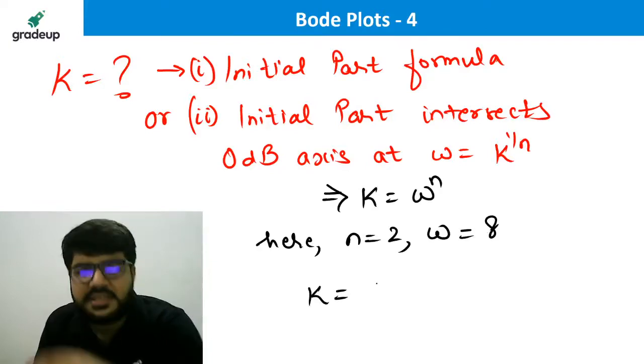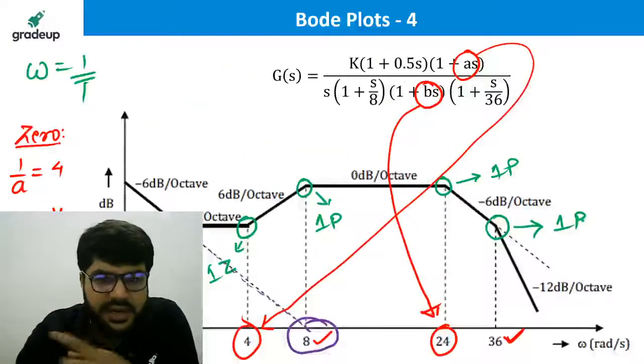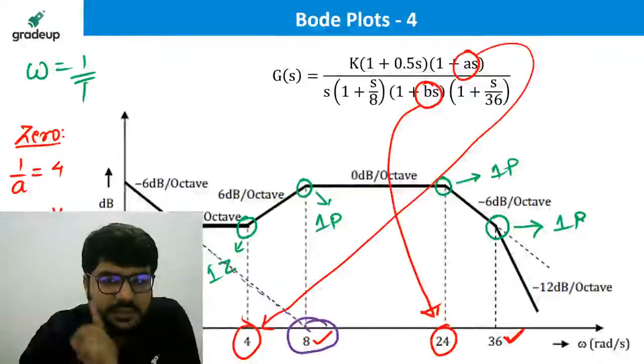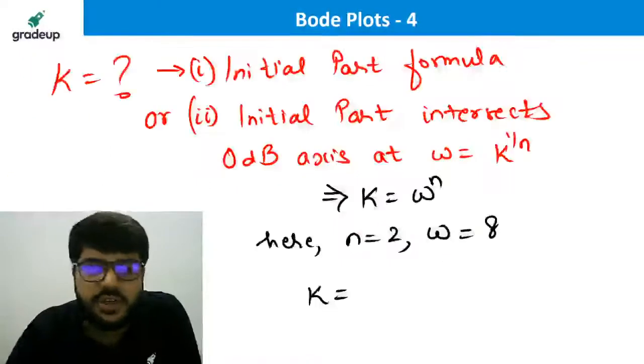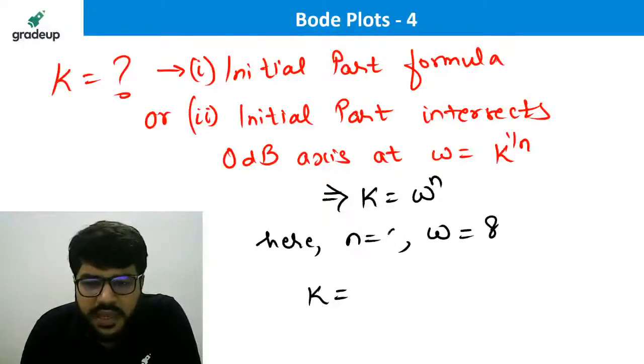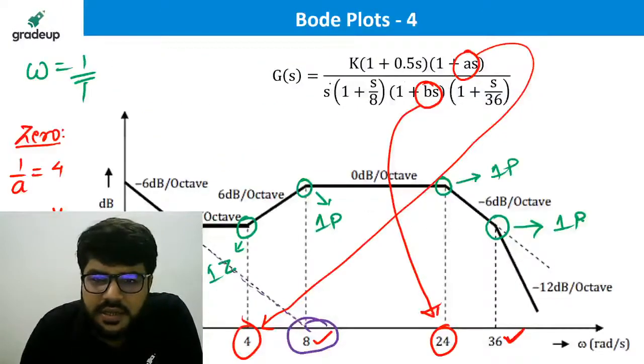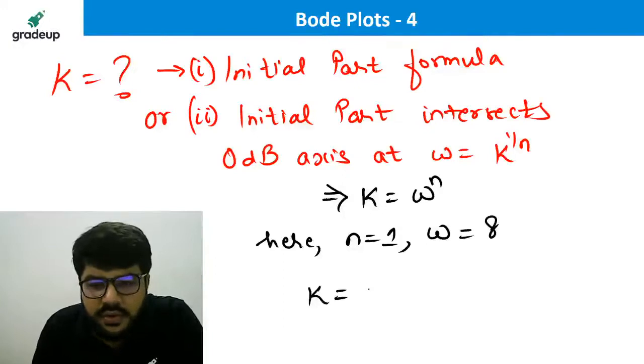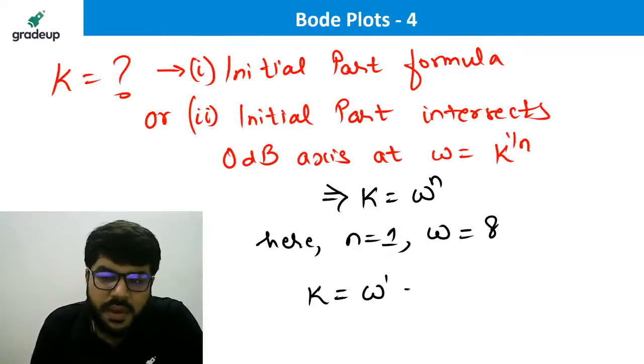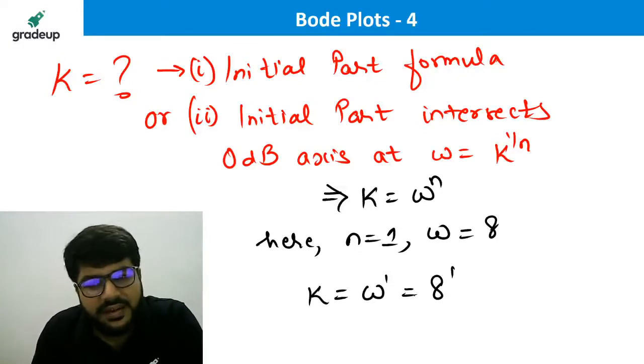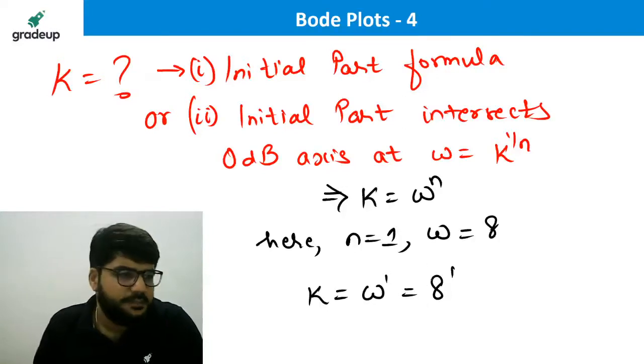Okay, so k is equal to how much? Omega is equal to 8, where the initial part intersects the 0 dB axis. Okay, n's value is not 2, sorry, n's value is 1. n is equal to 1 only. Look at this. n is equal to 1. So k is equal to omega raised to the power 1. Omega is 8, so 8 raised to the power 1.